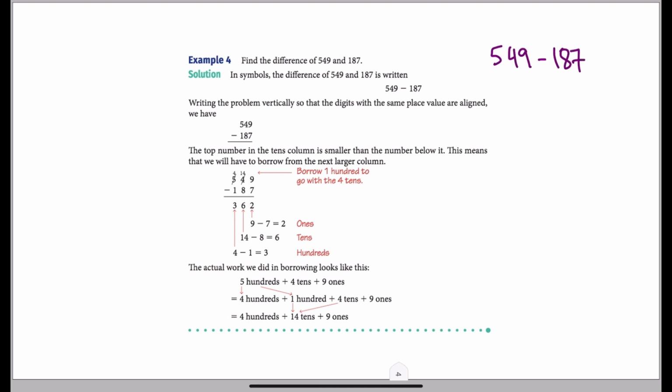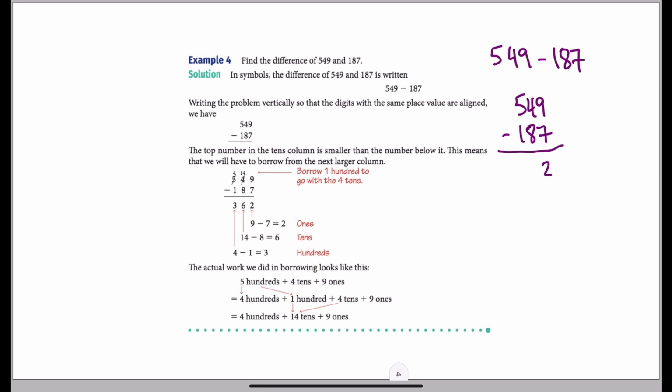Of course, it's difficult to subtract horizontally, so I'm going to stack them so that I can line up their place values. When I do this, I can subtract 9 minus 7 is 2, but 4 minus 8 can't be done. Now, in the real world, what would I do?